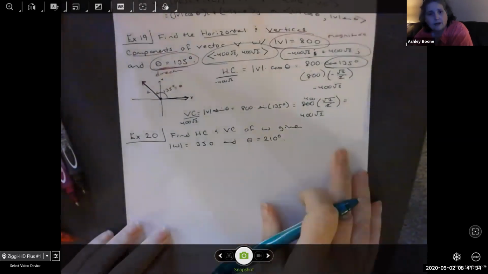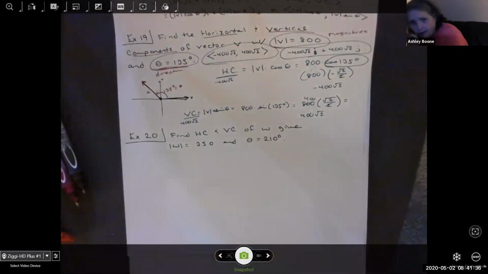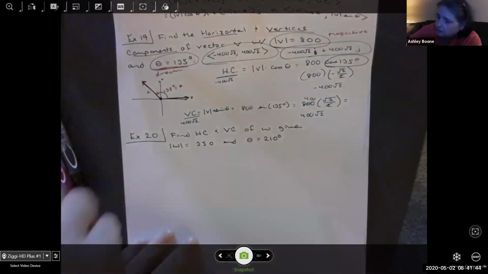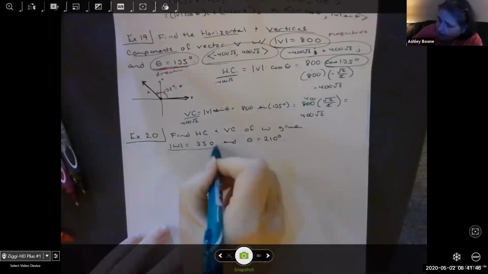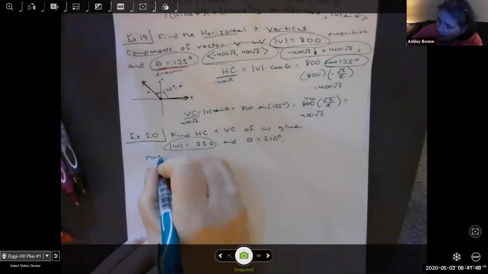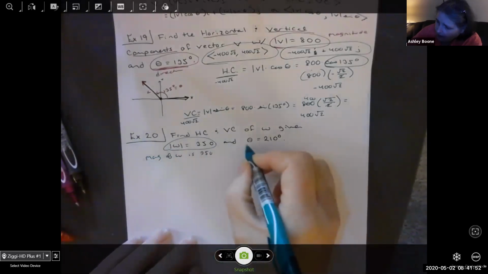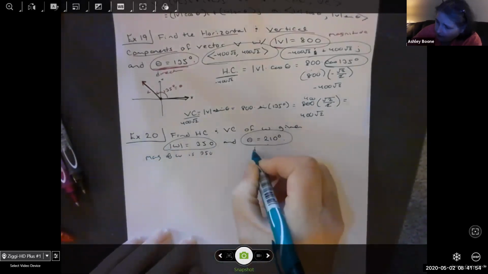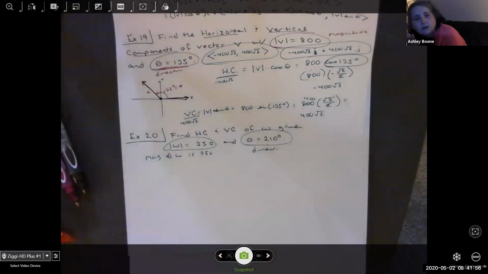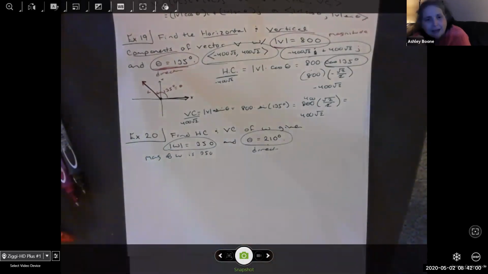We want to find the horizontal and vertical components when we're given the magnitude. So we're told that the magnitude of vector W is 350, and our central angle, our direction, is 210 degrees. You do not have to sketch this. The only reason I'm doing the sketches is to illustrate.